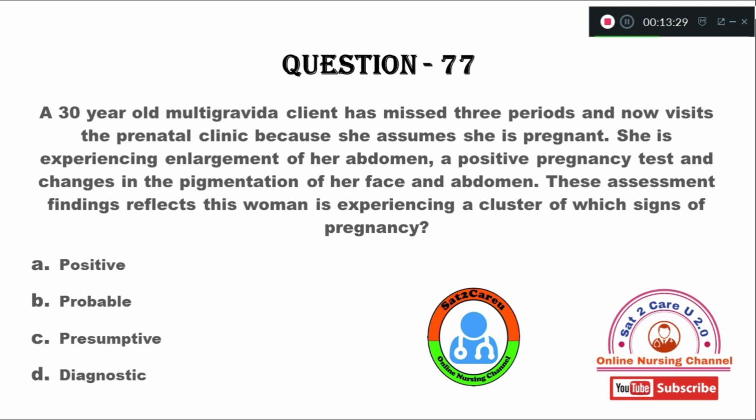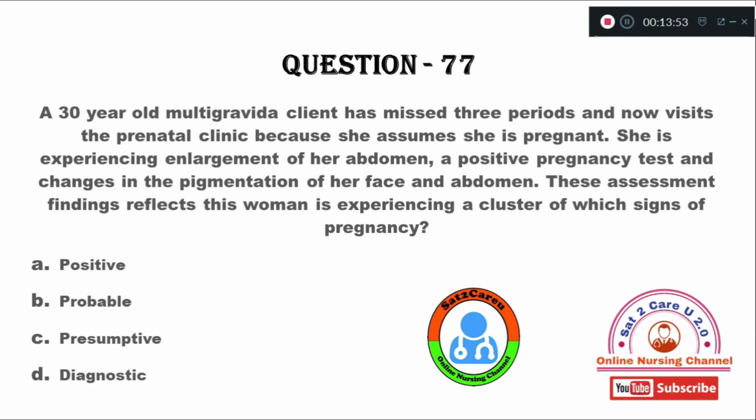Question number 77. A 30-year-old multigravida client has missed 3 periods and now visits the prenatal clinic because she assumes she is pregnant. She is experiencing enlargement of her abdomen, a positive pregnancy test, and changes in the pigmentation of her face and abdomen.